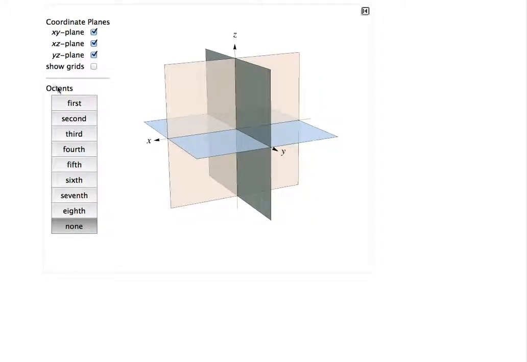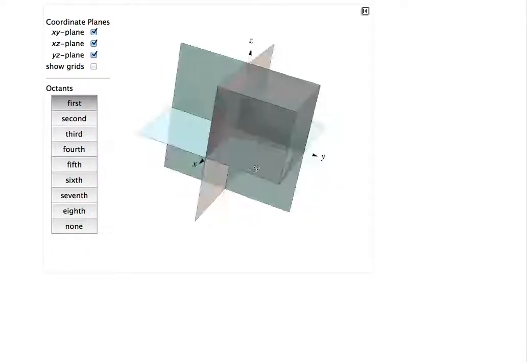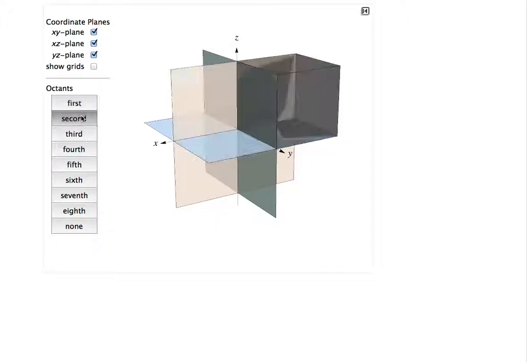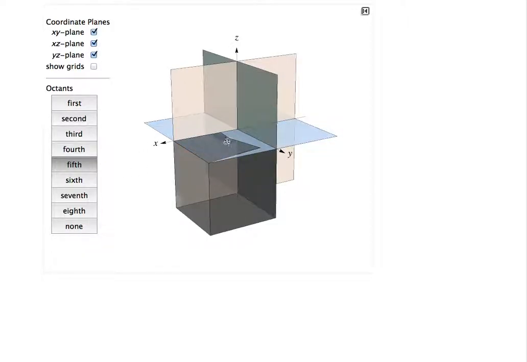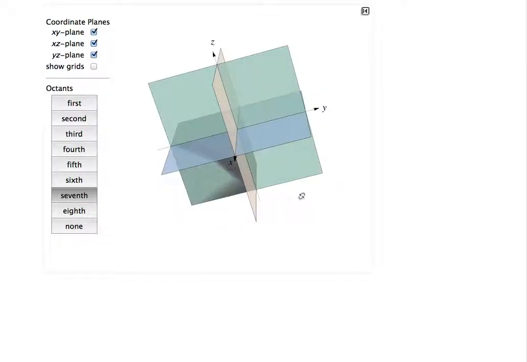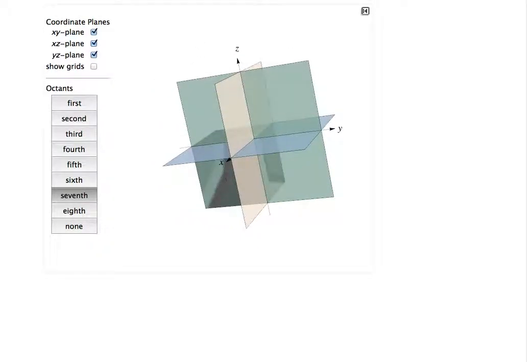It's not critical which quadrant is which number, but just remember that the first quadrant is always where all variables are positive: X is positive, Y is positive, and Z is positive. Then we work our way around, and let me pick one at random. In the fifth quadrant, X is positive, Y is positive, but Z is negative. So hopefully we are able to start working with the ideas of a three-dimensional space.